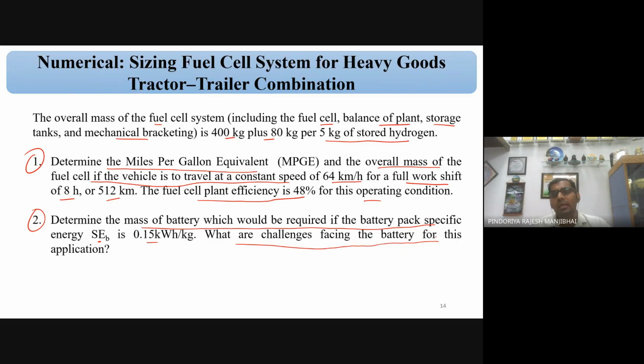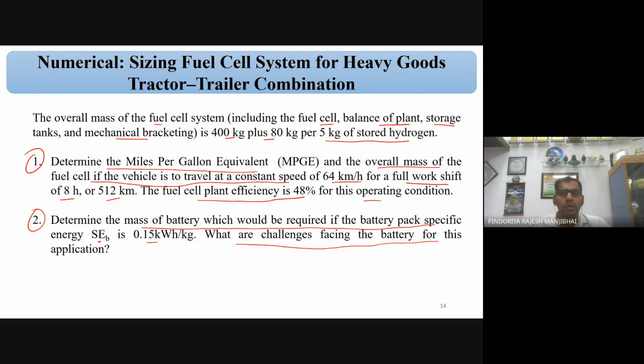As I said in the beginning of the lecture, initially we use the battery to start our vehicle. Once our vehicle is running, we can switch over to the hydrogen fuel cell. So we have to give the justification: what are the challenges facing the battery for this application?